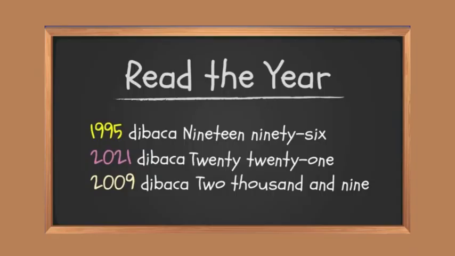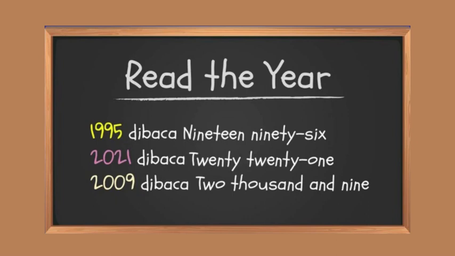We move to the next slide. Read the year. Here, I will tell you how to read the year from Bahasa to English. For the first one, the example of 1995, we read in English as nineteen ninety-five.